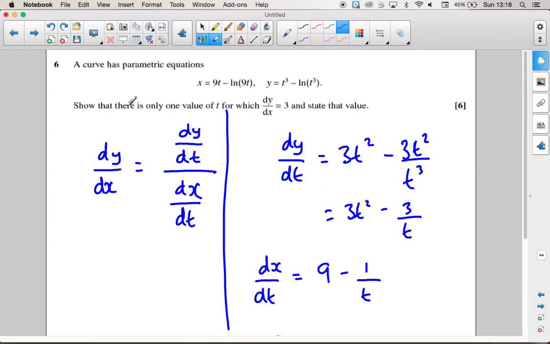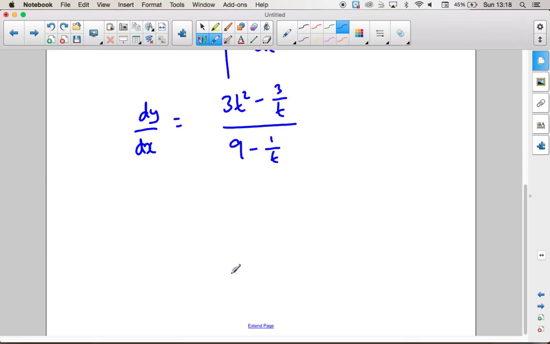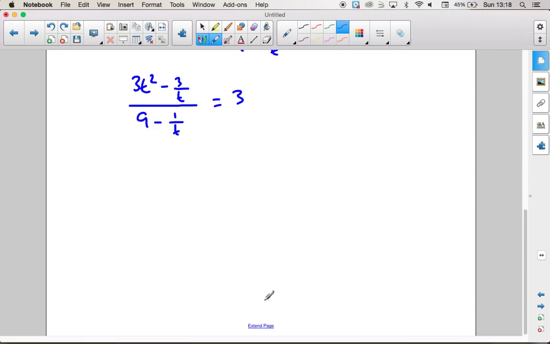And it says to show that there is only one value for t for which dy by dx equals 3. So let's make this equal to 3 now. If it's equal to 3, I can times by the denominator of the left to get rid of the fraction.